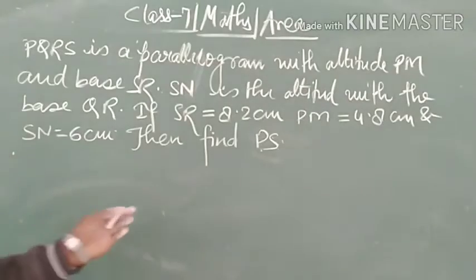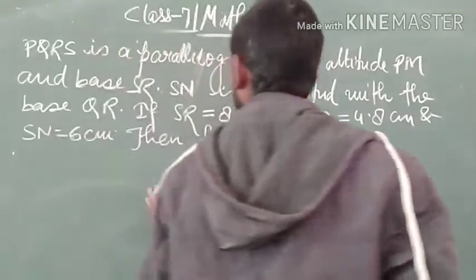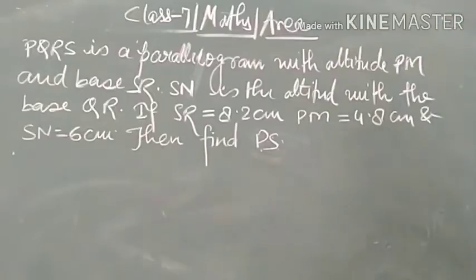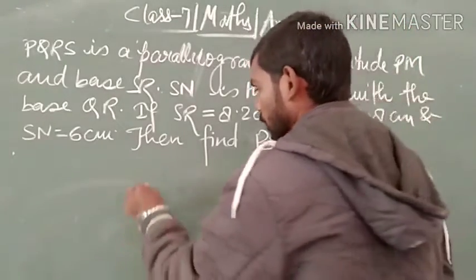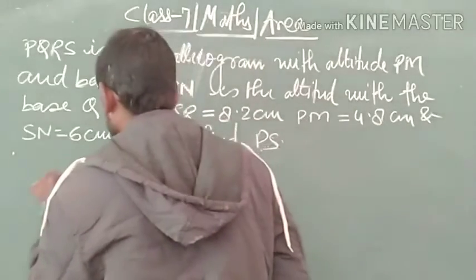So let us see what the question says. PQRS is a parallelogram. So here first we draw a parallelogram PQRS.